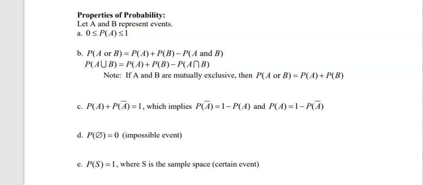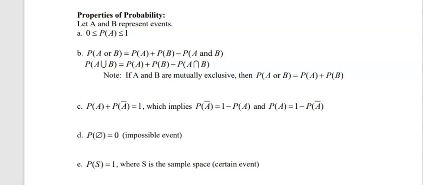The next property is the probability of A or B means the probability of A happening and the probability of B happening added together. Because if A can happen or B can happen, then it makes sense that we would add the two together. The problem is if they're not mutually exclusive.